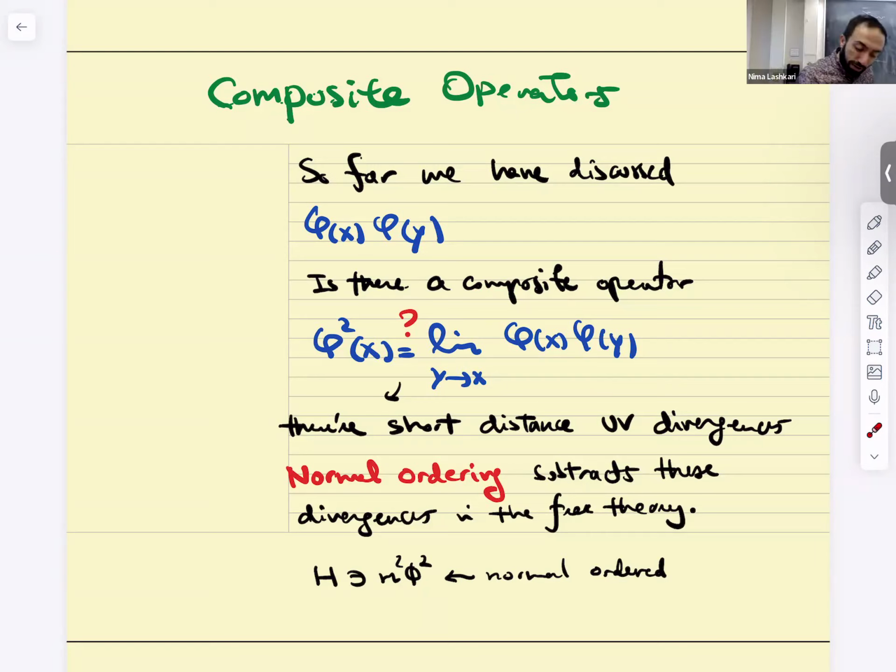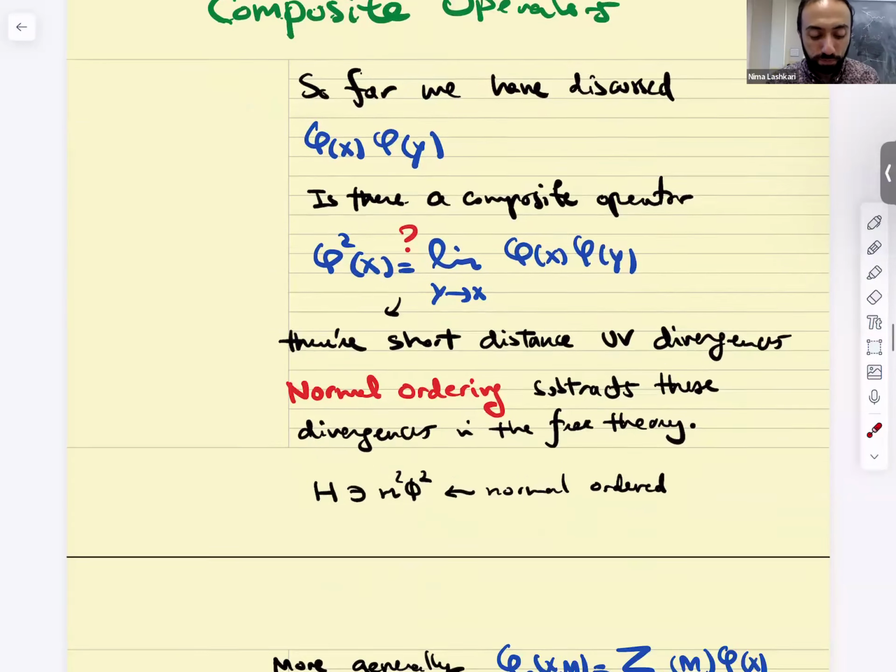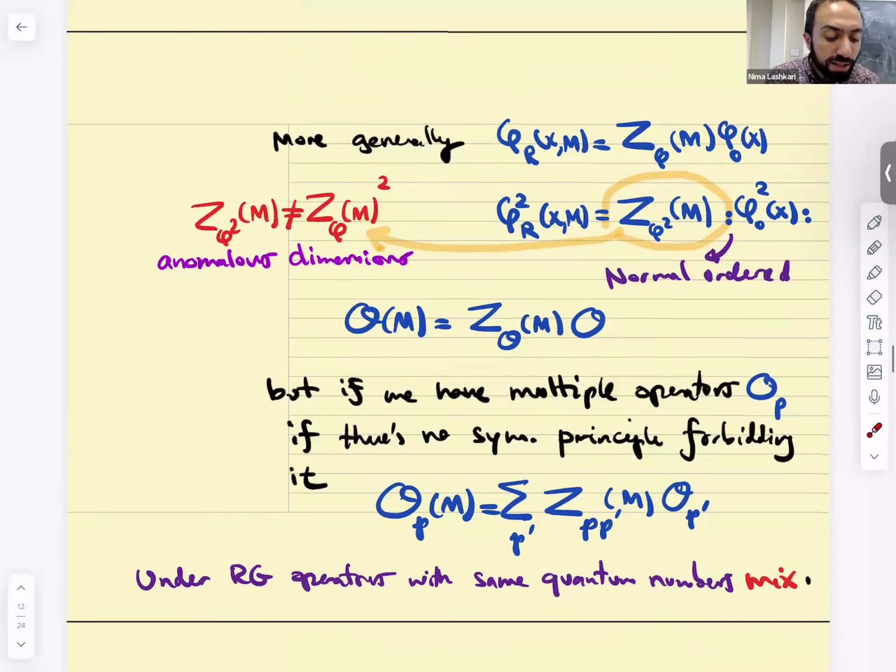So recall that normal ordering was an ad hoc scheme to remove divergences in the Gaussian theory and define for you something we call phi squared. We could have defined something else, but that's what we picked. Now the question is, there is a way of defining composite operators.